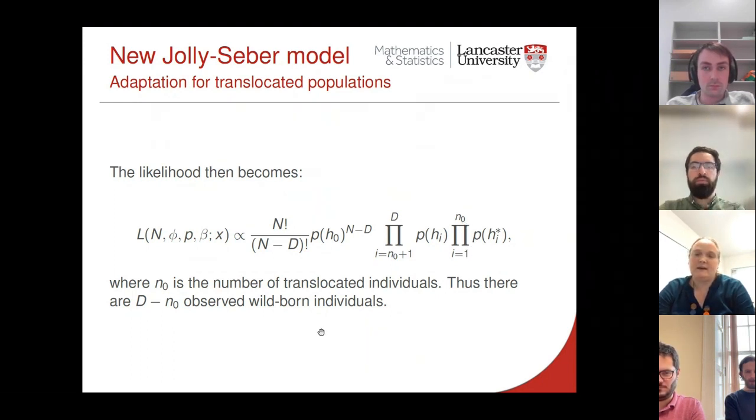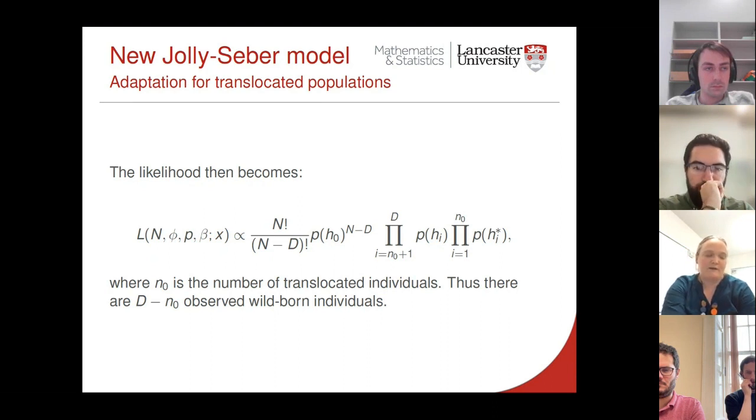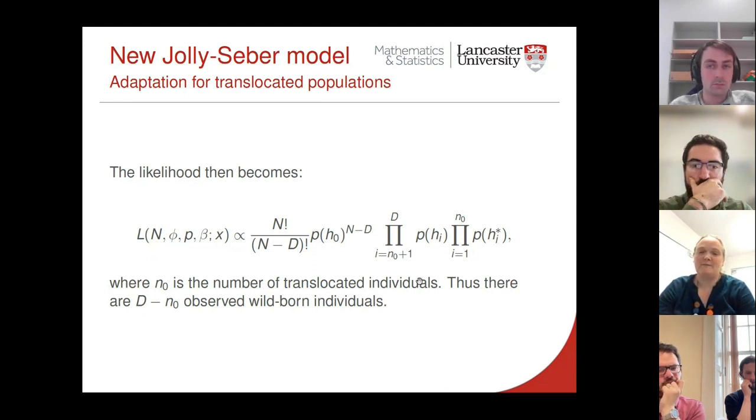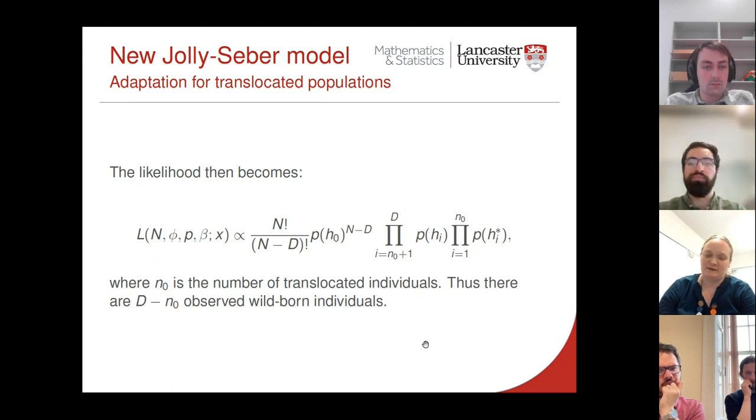We assume that there are N_0 translocated individuals, and the total population size is still equal to N. For individuals who are born into the system, so not those that are translocated, we assume that there are D minus N_0 wild-born individuals. So in total, we've got D observed individuals, but N_0 of those correspond to translocated ones.